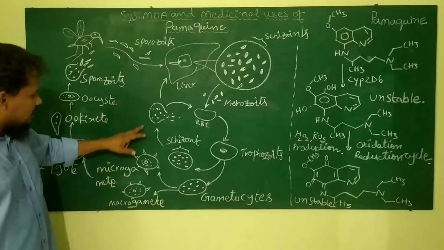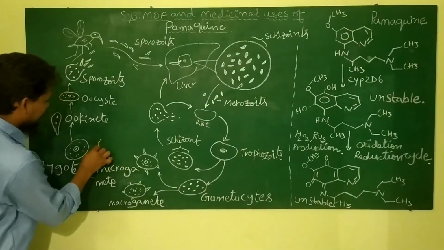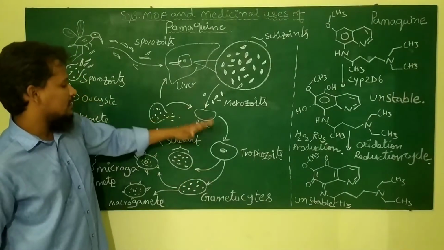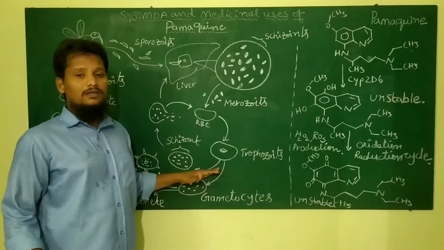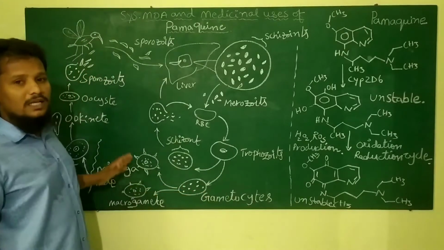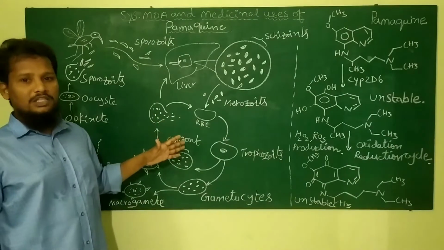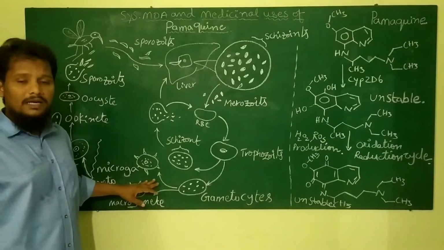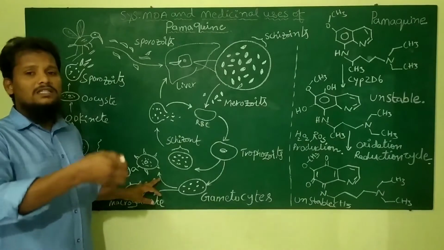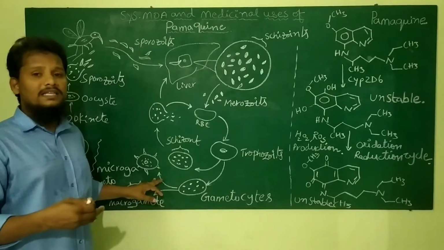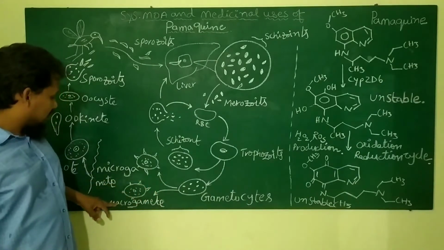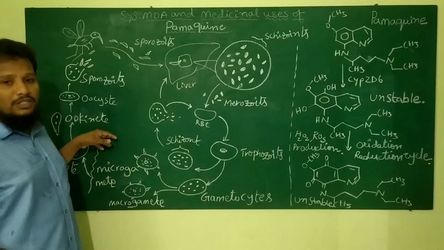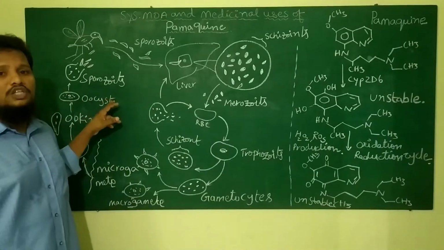This cycle is called the sexual cycle, and this one is the asexual cycle. The asexual cycle occurs in the human, and the sexual cycle occurs in the female mosquito. Whenever the gametocytes produced in the human blood are sucked by a mosquito from a malarial parasite infected patient, the macrogametocyte and microgamete enter the mosquito, where they undergo the sexual life cycle.